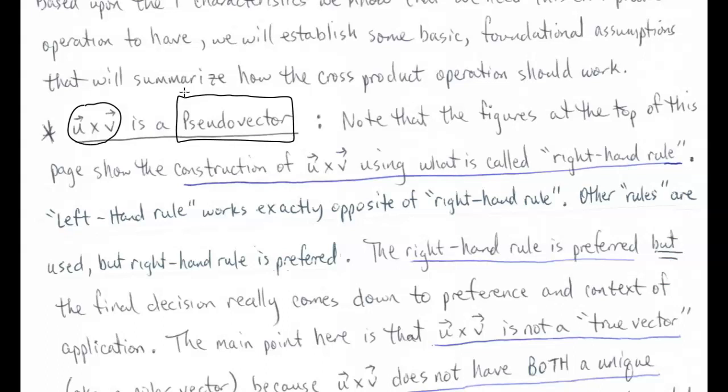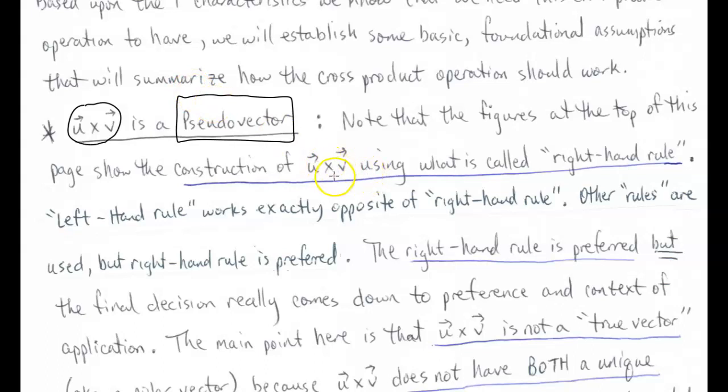We call those true vectors or polar vectors. A pseudo vector is a vector that lacks a combination of magnitude and direction that is unique regardless of the coordinate system that we use. That's essentially what a pseudo vector is.